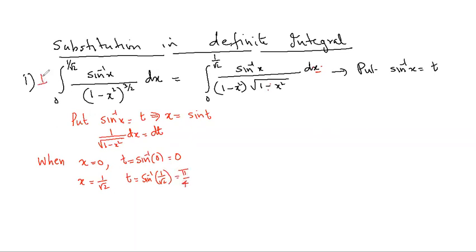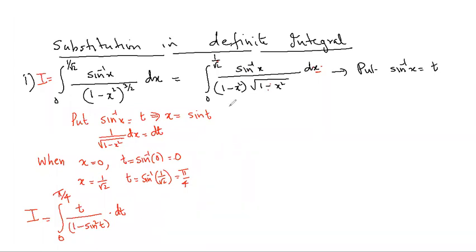So now my integral will change totally. The lower limit is 0, since when x is 0, t is 0. When x is 1 by root 2, t is pi by 4. Sine inverse x became t. 1 minus x square became 1 minus sine square t. dx upon root 1 minus x square became dt.